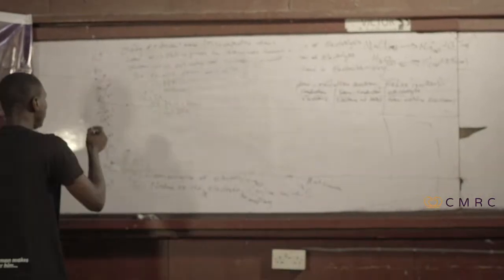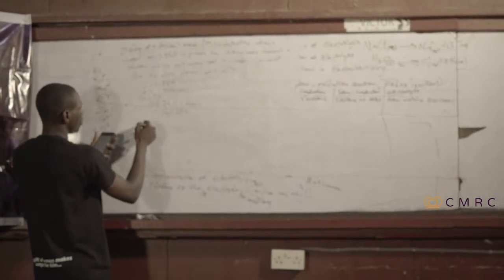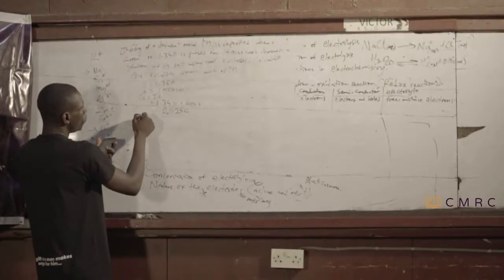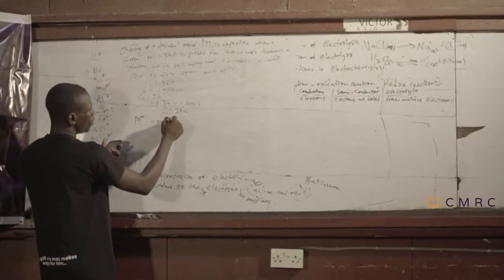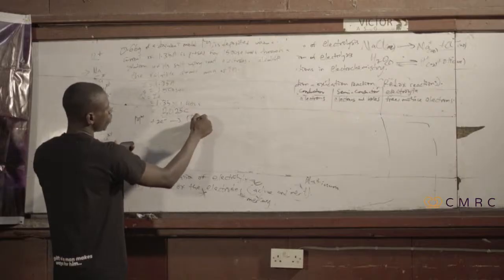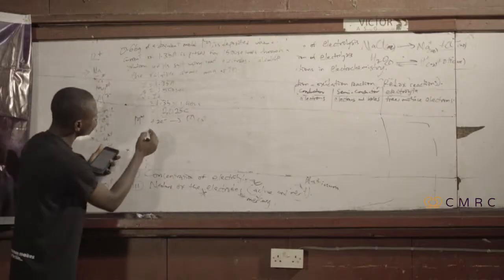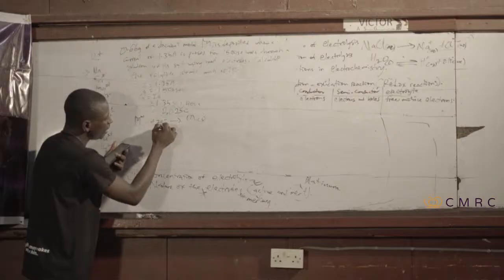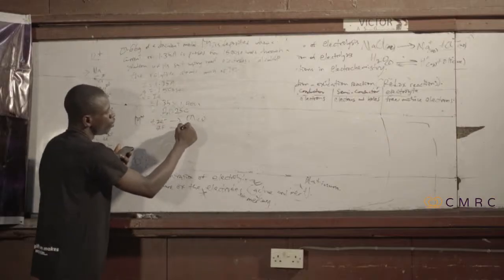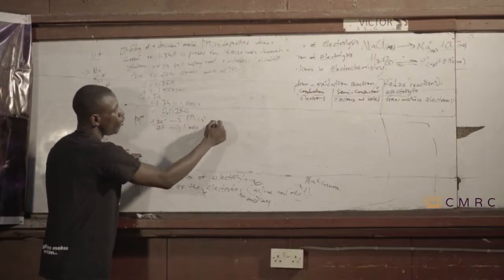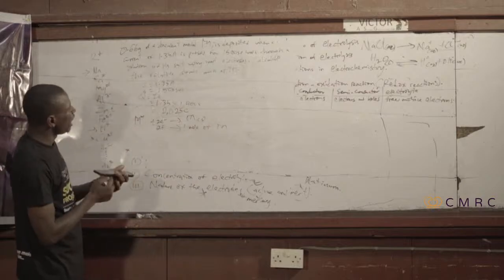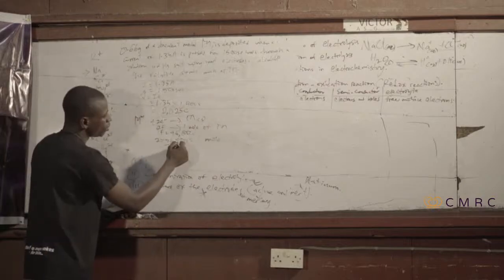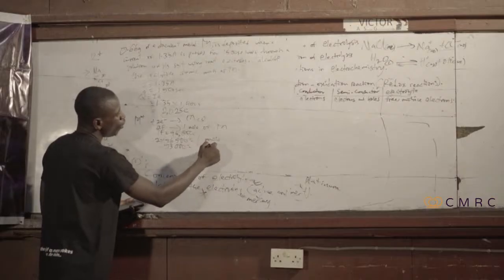So it will be M2 plus plus 2e minus to give us M solid. That is to say, 2e minus, meaning 2 Faradays, will give us 1 mole of M. But they're asking us for the relative atomic mass of M.